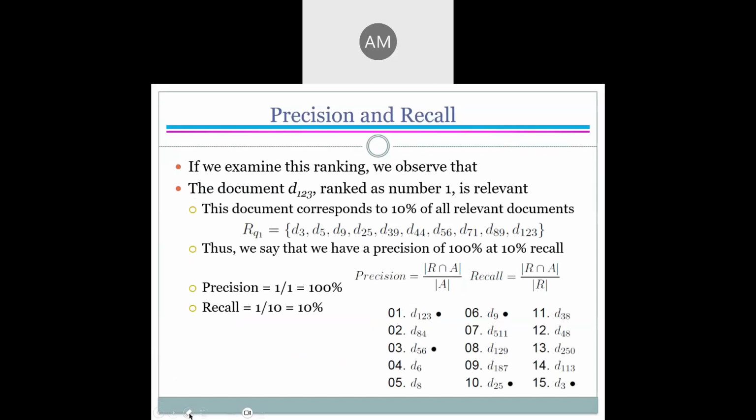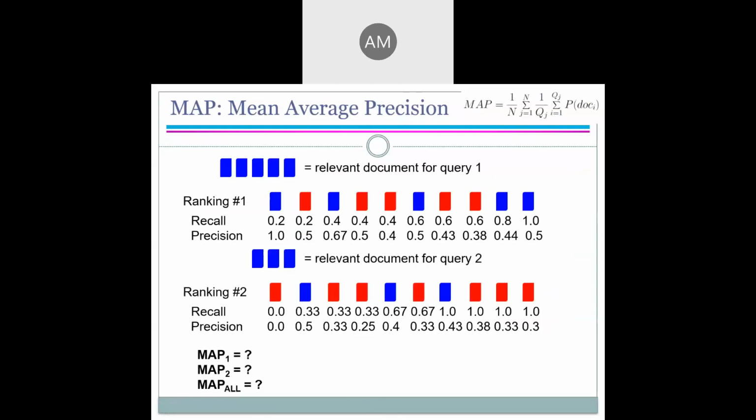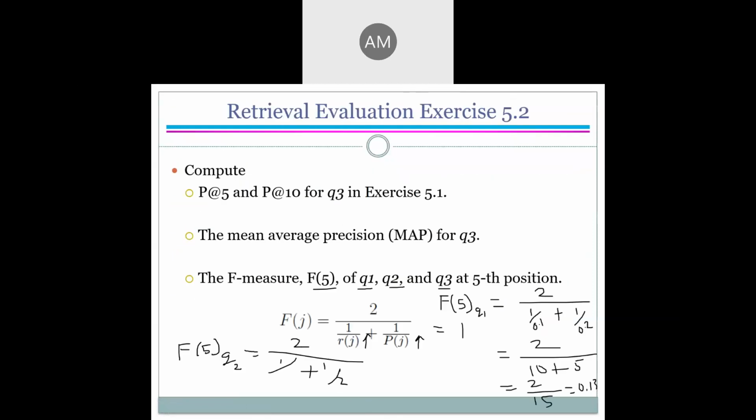Okay, let's take a look at query number 2. And we are here, so the recall is 2 over 10. The precision is 2 over 5. So 2 over 10 and 2 over 5.